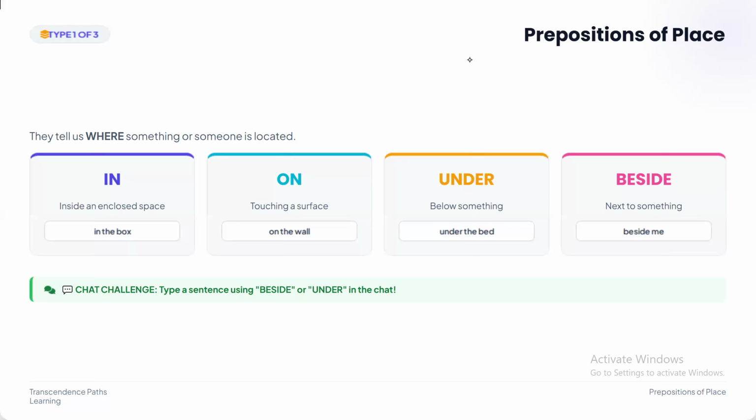Can you type a sentence using beside or under in the chat box? I'd like you to type a sentence using beside or under.